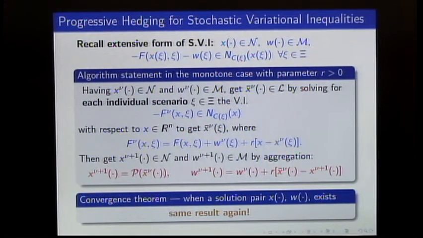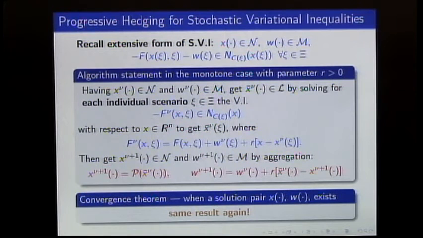That's what corresponds in gradients to the quadratic term, the proximal term that was in stochastics. All right? And then after I have solved that for each scenario, I do the same thing again. So I project onto the non-anticipative space. That's again this same rule, and then I have this update rule for the multipliers, and get the same convergence result. But it does say here in the monotone case.